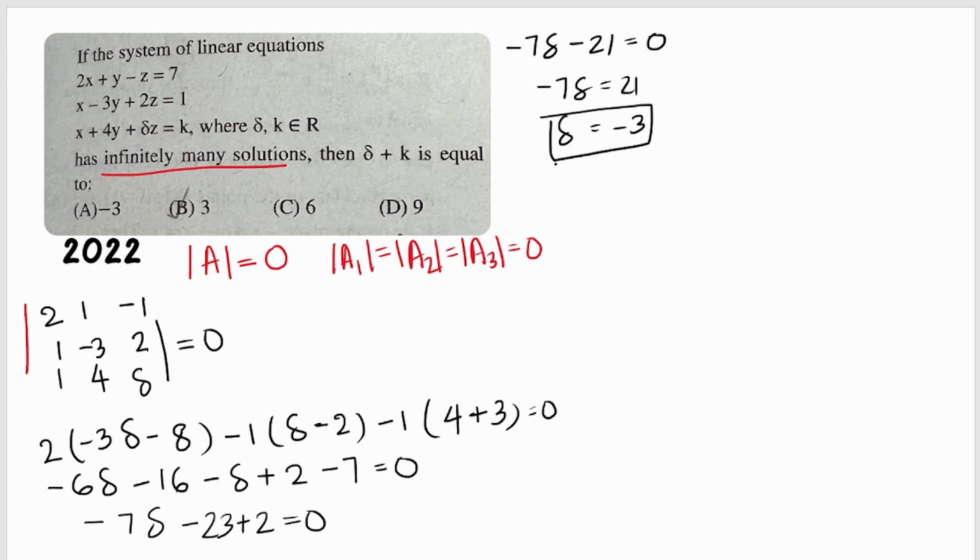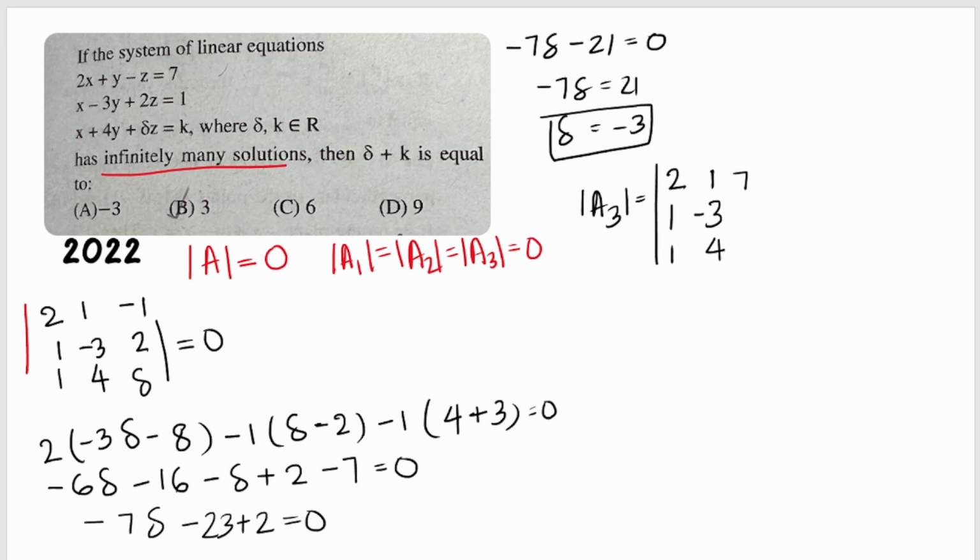Now you need to find the value of k. For finding k, either equate determinant A1 with 0, determinant A2 with 0, or determinant A3 with 0. I'm finding determinant A3. For that, 2, 1, 1, first two columns same, minus 1, minus 3, plus 1, minus 3, 4.